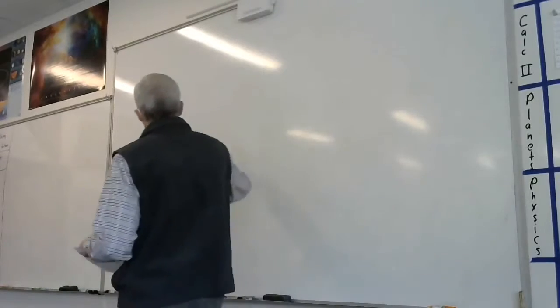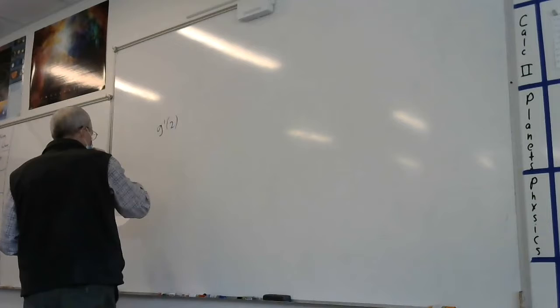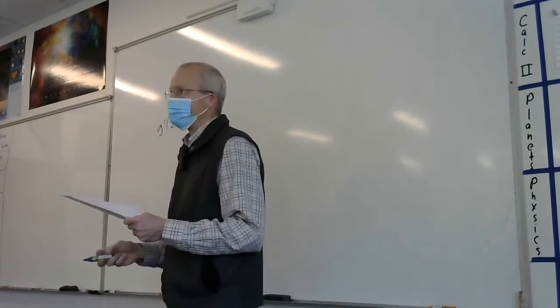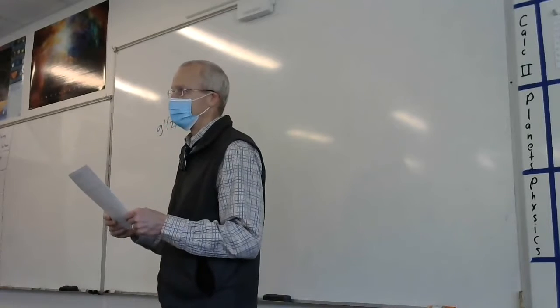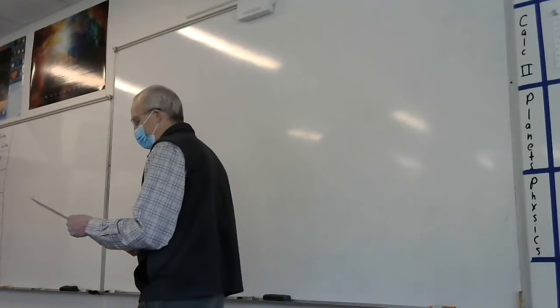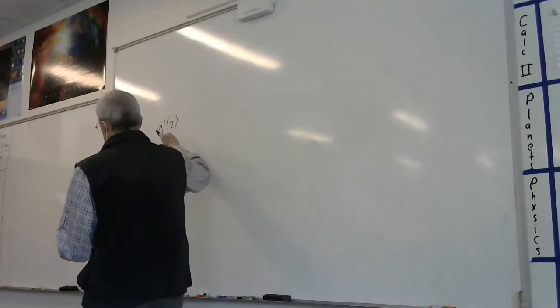So we want g prime of 2. We want the derivative. In this case, again, you can take the integral and then take the derivative when you're done. But no one did that correctly, I don't think. So we could do it both ways. We want g prime of 2.